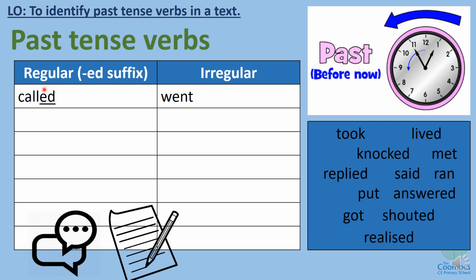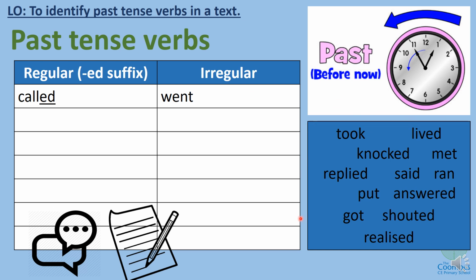So this is looking at the last part of the word, and if it has an ed, that is a regular verb. So for example, called with the ed suffix is a regular verb. But some verbs are irregular. For example, went. It does not follow the pattern of having an ed suffix at the end.